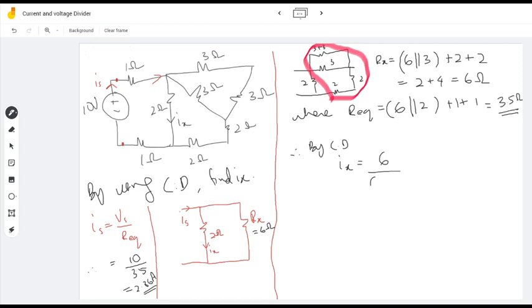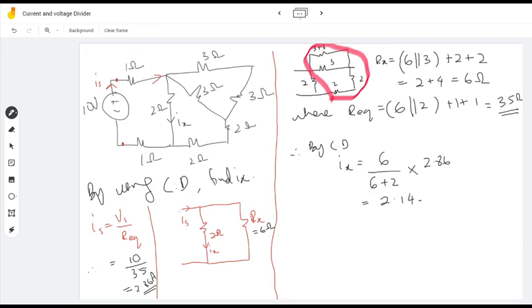It is just 6 plus 2, multiplied by the current that comes into the parallel section, which is 2.86. Plug into your calculator, multiplied by 6 divided by 8, and you get 2.14.